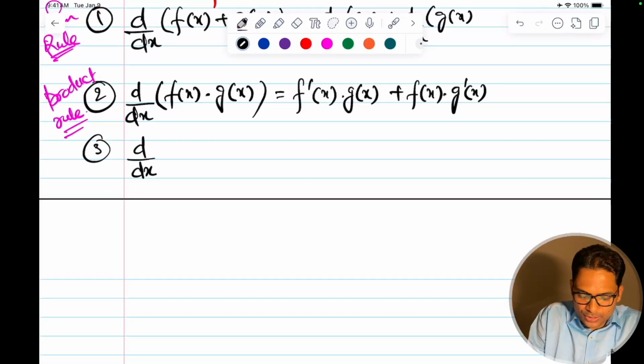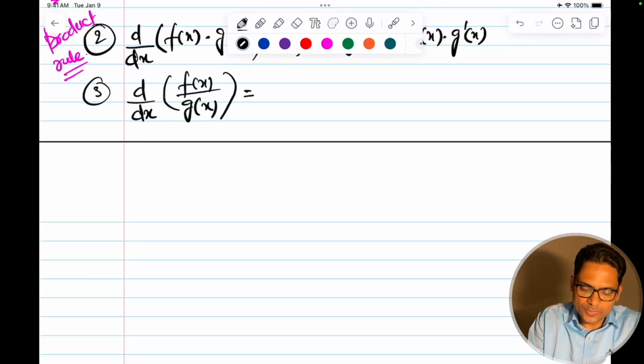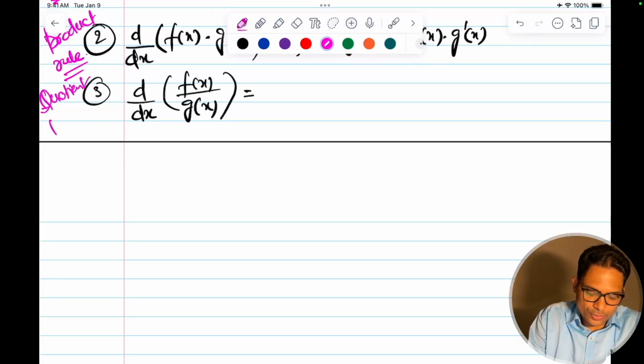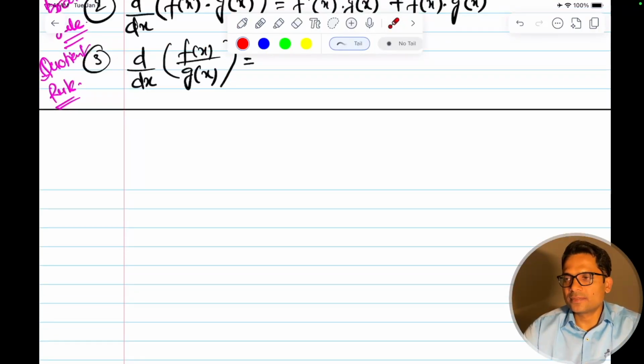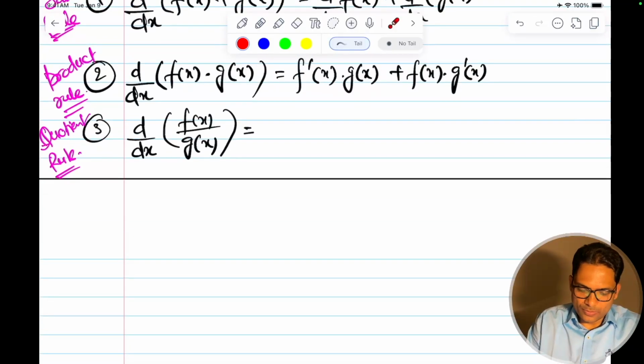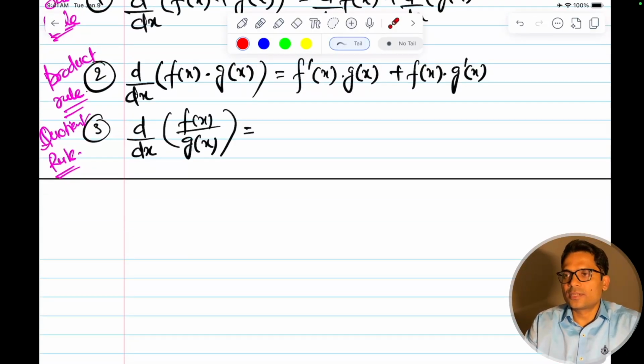If there is a quotient rule, that is numerator, denominator, fx by gx, this is called quotient rule, quotient and remainder, because this is a division, right? So you will have quotient and remainder. We'll do some examples also, probably you will get it. Okay, so let's see.